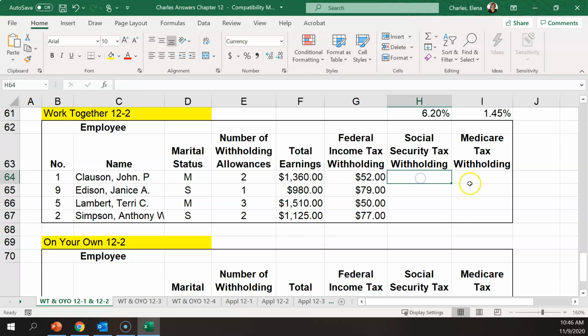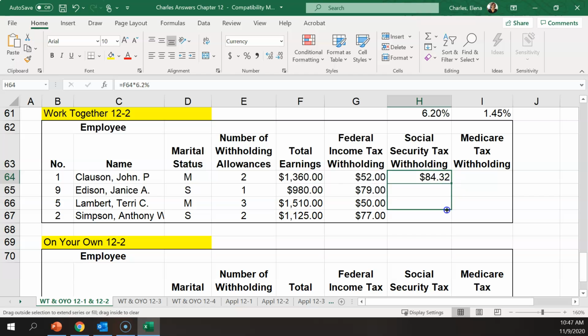To figure out your Social Security withholding, we're going to put a formula. Press the equal sign, take your total earnings, multiply by 6.2%, and that will calculate your Social Security tax withholding.